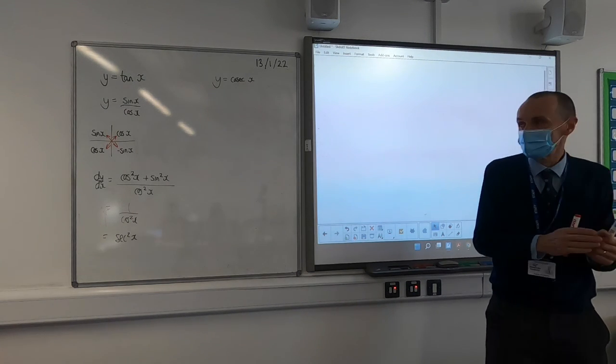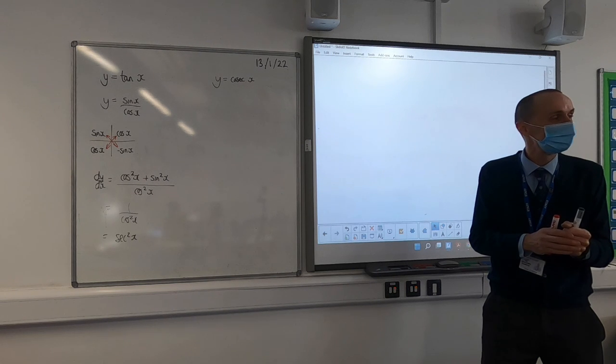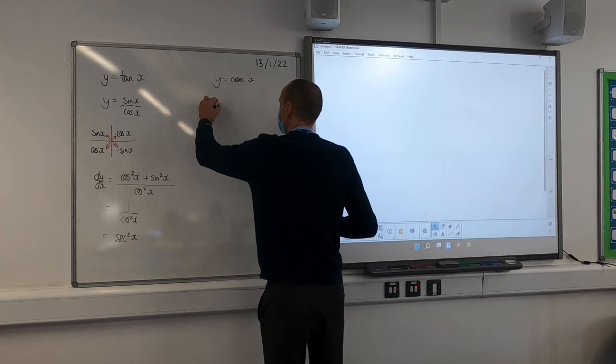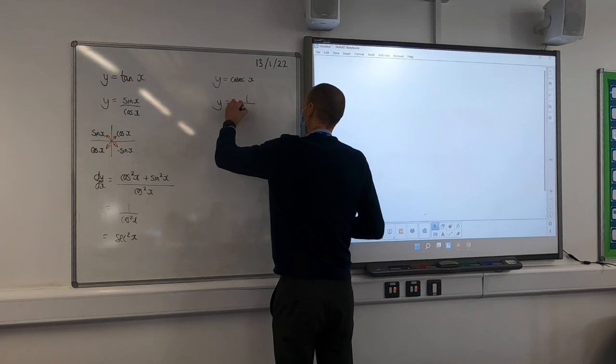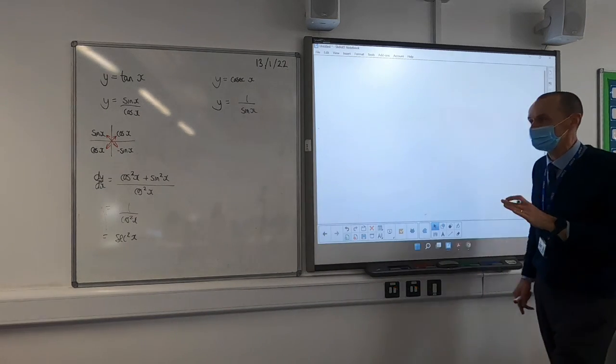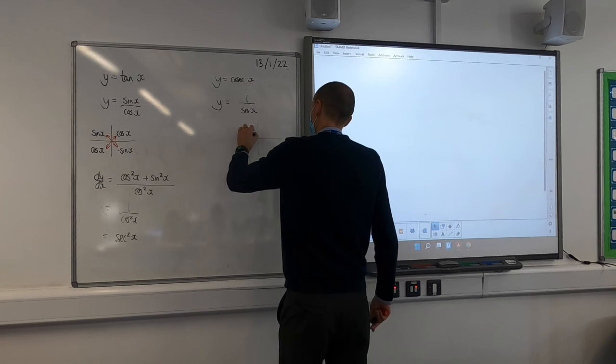Can anyone suggest how I could write cosec as a quotient? I can write it as 1 over sine. Cosec is 1 over sine. Remember the third letter of sec, cosec and cot tells you which one it's 1 over. And so that's a quotient.